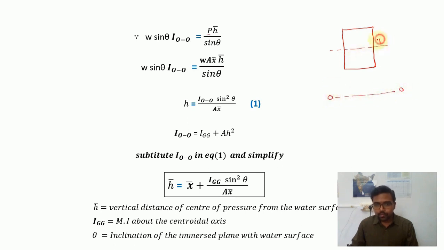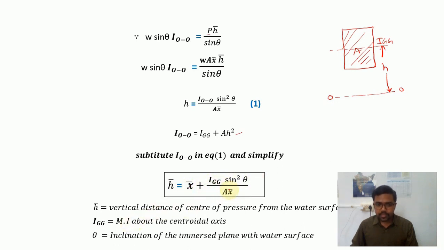The moment of inertia about the centroidal axis is IgG, the distance between IgG and OO is h, and the area of the plane is A. Then IOO is IgG plus the area of the surface multiplied with h square. We substitute this IOO, IgG plus A h square, in equation 1, and if we simplify it, we get the center of pressure equal to x bar plus IgG sin square theta by A x bar.